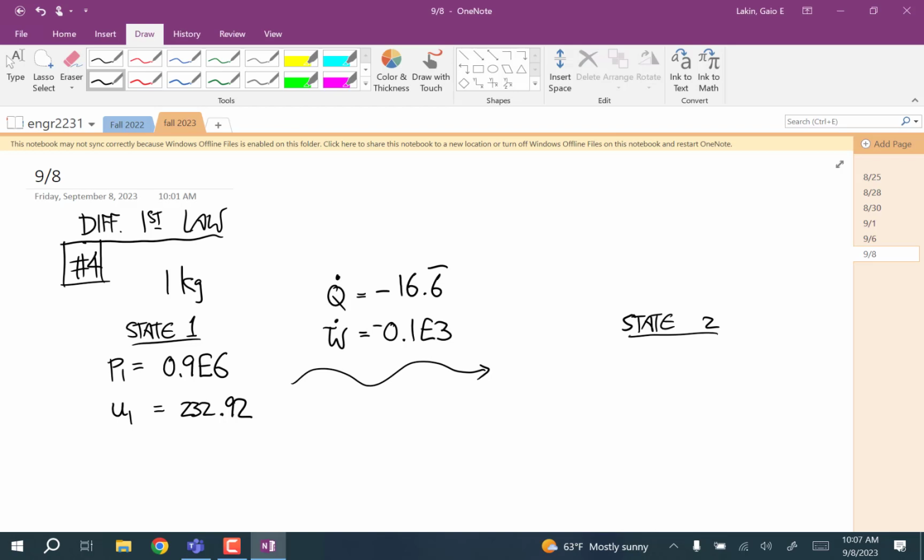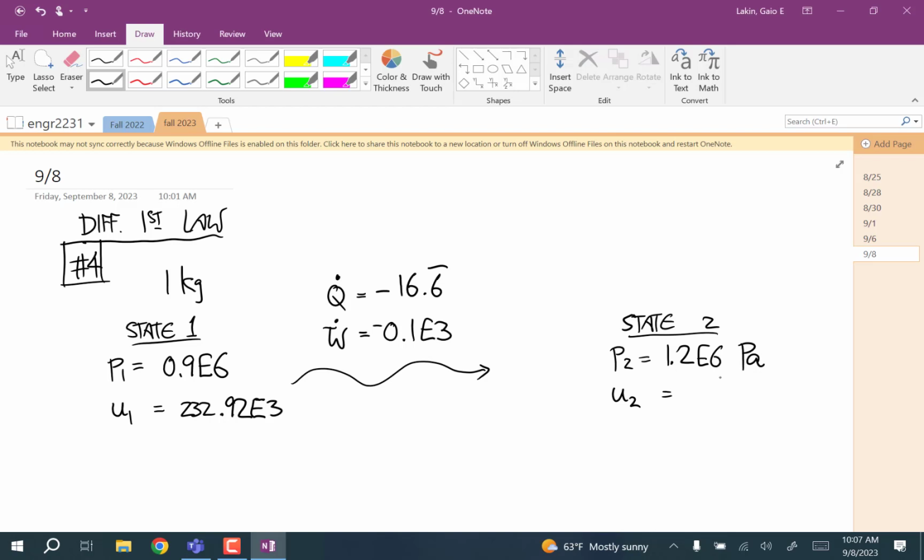And so, all right, so state 2, we got P2 of 1.2 times 10 to the 6 pascals. U2 was also in kilojoules, so I'm going to write this in joules per kilogram.